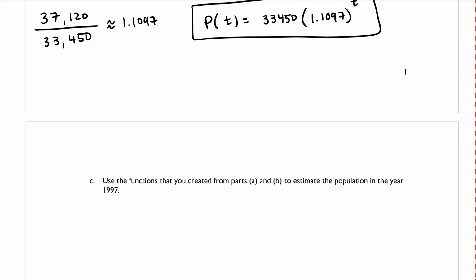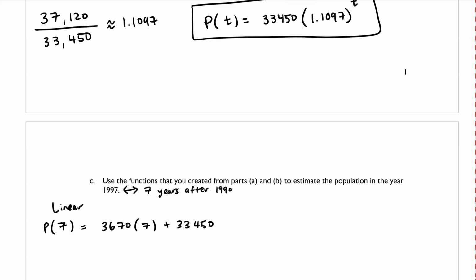All right, so for the linear portion, we want to evaluate P of, let's see, 1997 is 7 years after 1990. So that's going to be our t value. So P of 7 will equal 3,670 times 7 plus 33,450.